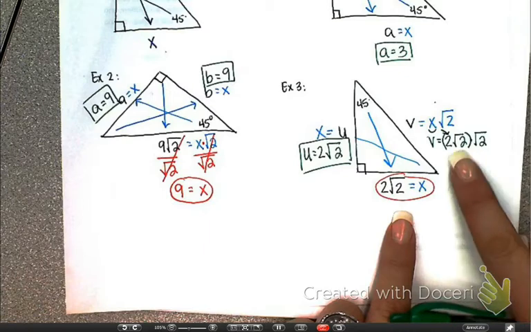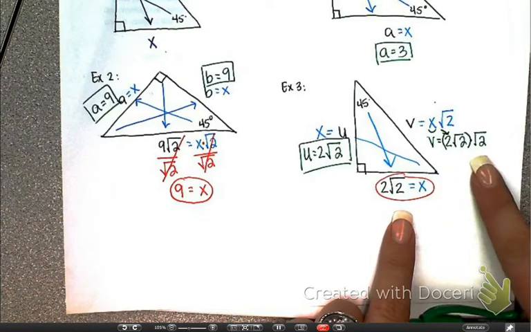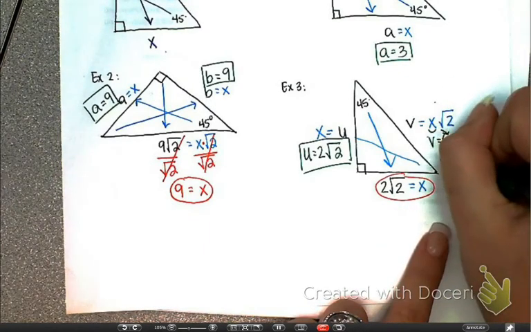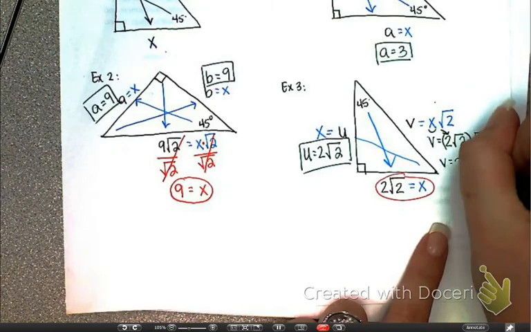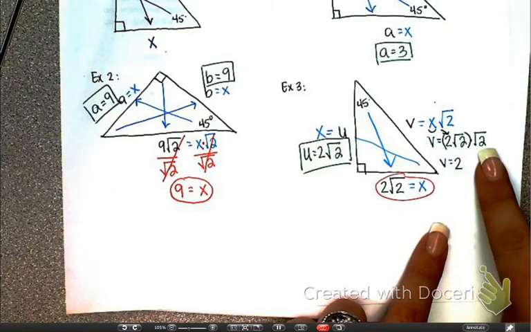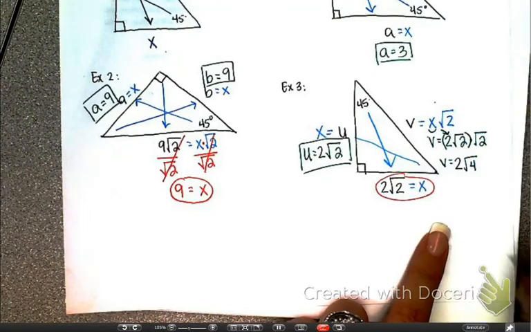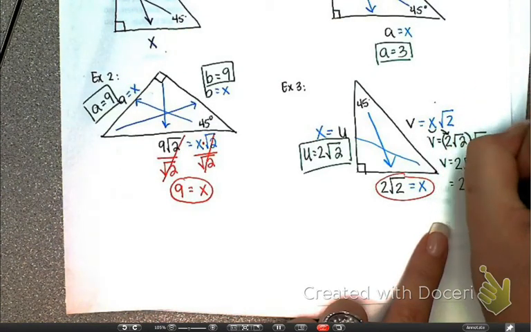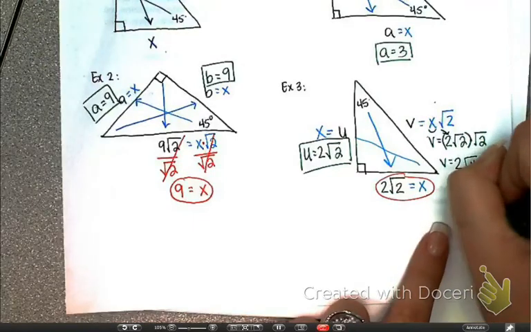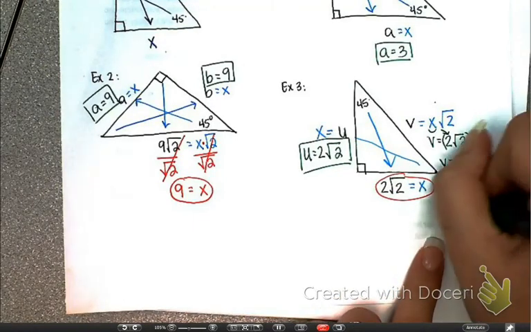Can I simplify anything here? It would be 2 times the square root of 2 times the square root of 2. So what's the square root of 2 times the square root of 2? The square root of 4. And what's the square root of 4? 2. So your answer should have been 4.